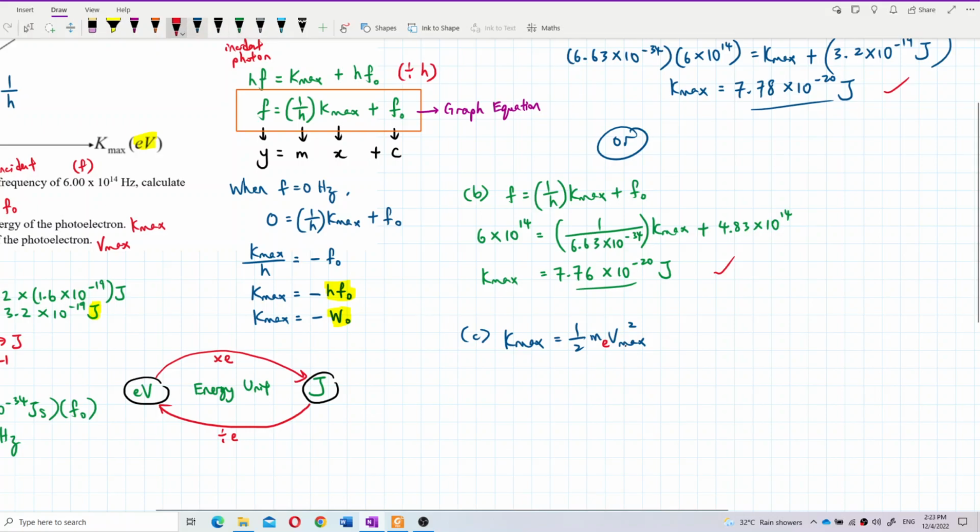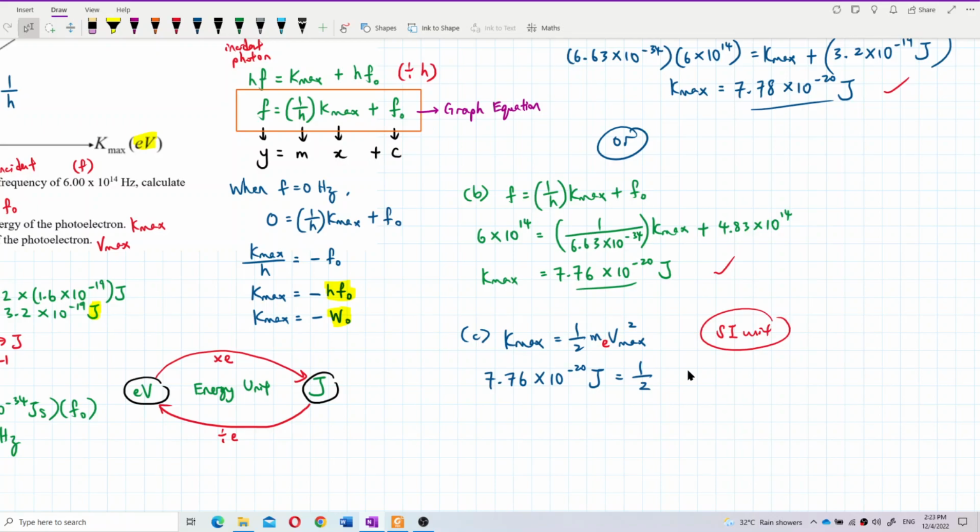So let's substitute. My Kmax is 7.76 exponent negative 20 joule. Make sure everything is in SI unit. The energy must be in joule, not electron volt. Where to get the mass of electron?